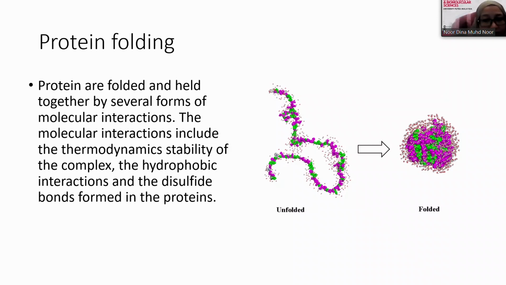Again, this depends on the R chain of the amino acids, and of course the interactions, which include the thermodynamic stability of the complex itself. Another is the hydrophobic interactions and the sulfide bonds that form in the proteins. So here we do not just consider the R chain and the environment surrounding the protein, but also the thermodynamic stability of the complex and the hydrophobic interactions.